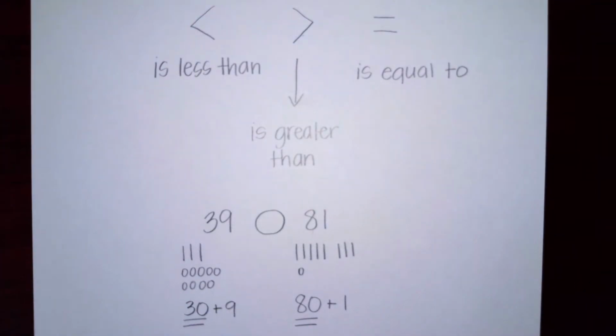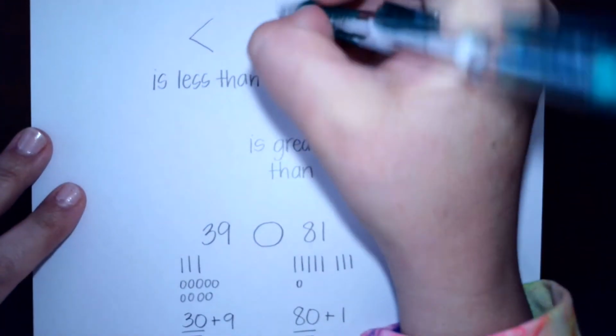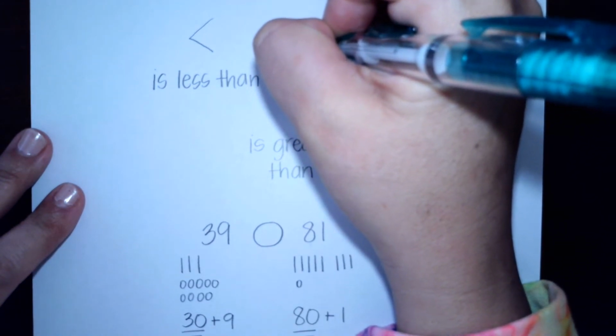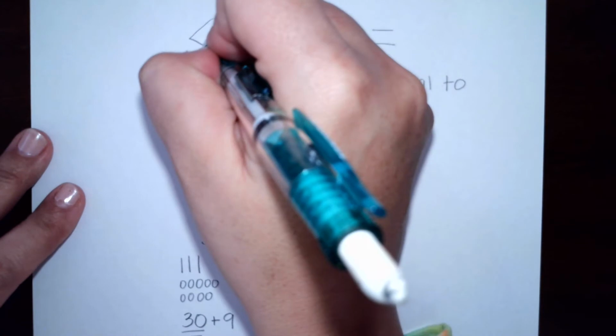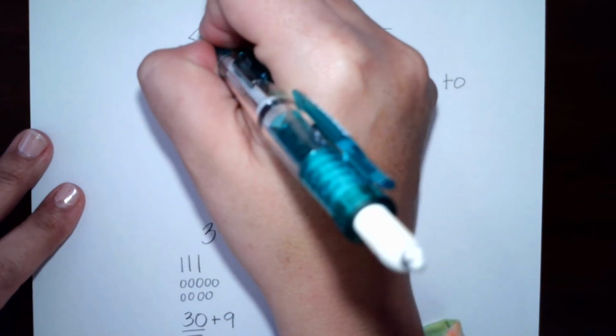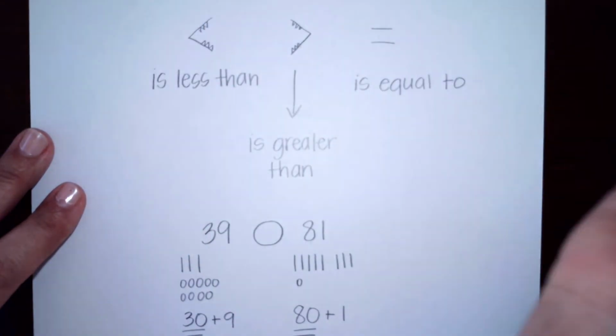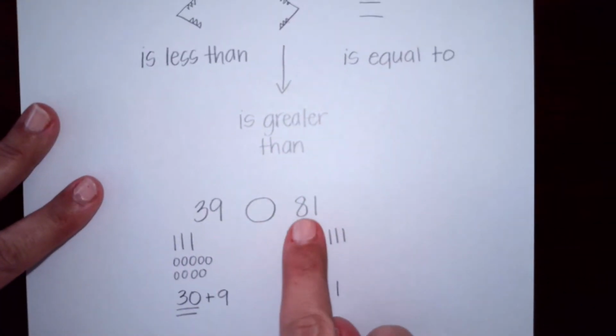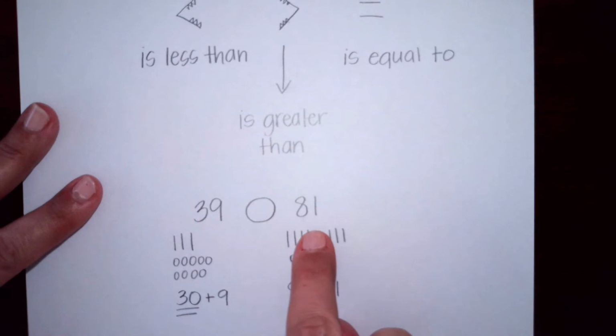No, I'm not. I want you to think of an alligator, okay? The alligator, this is its mouth. You see some little teeth on it. The alligator wants to eat the bigger number. So we said that 81 is greater.